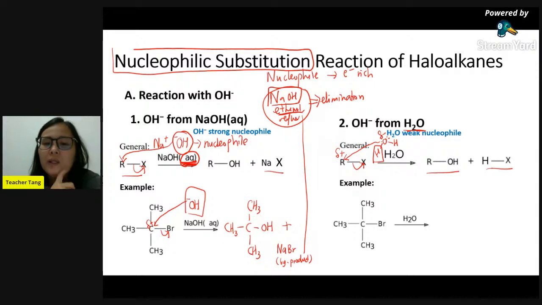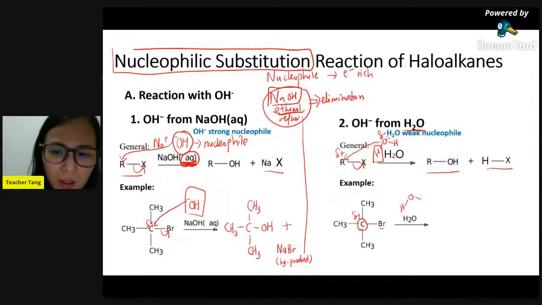Again, the carbon that is bonded to halogen is partially positive charged, and the water's oxygen has the lone pair. It is partially negatively charged. So during the nucleophilic substitution reaction, the oxygen using the lone pair attacks the carbon that is partially positive charged, kicks out the Br, and the Br that leaves takes one of the hydrogens.